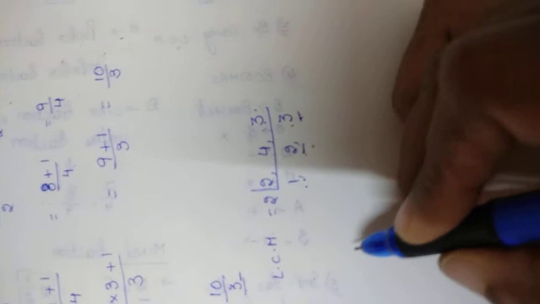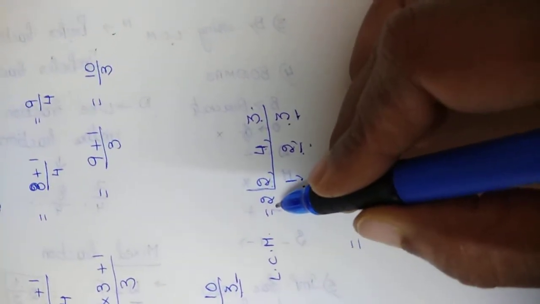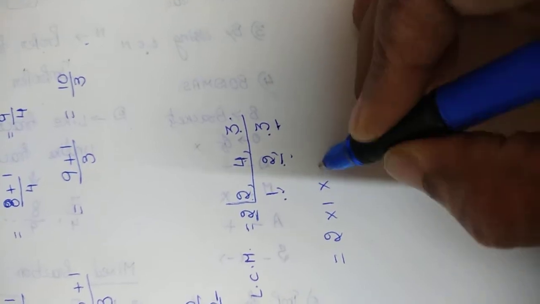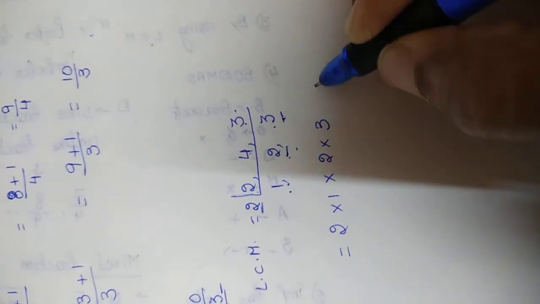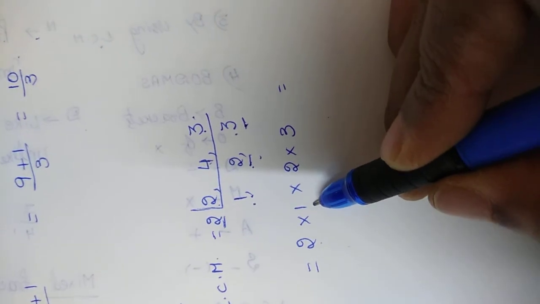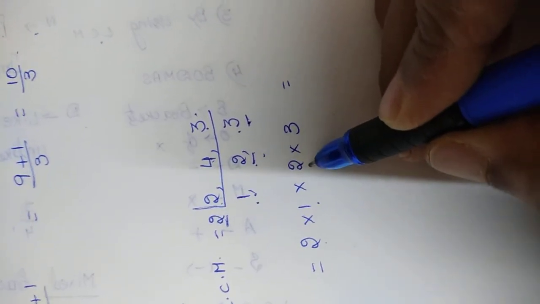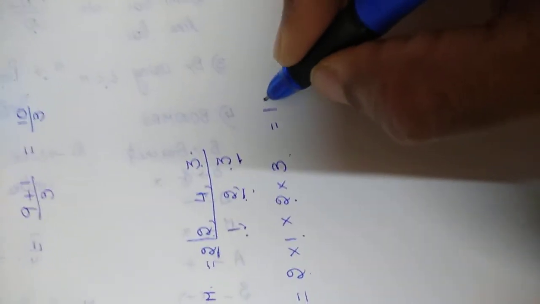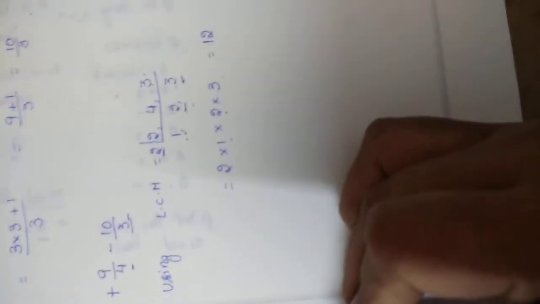So my LCM is going to end up here and I have to multiply all the tables here. 2 into 1 into 2 into 3. Now we multiply step by step. 2 1s are 2, 2 2s are 4, 4 3s are 12. So my LCM is 12. So my second step is also completed.